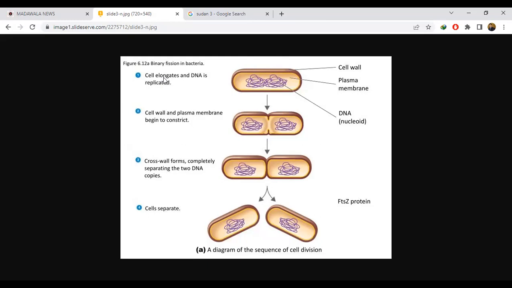Now, the cell divides, the cytoplasm divides. DNA replication, then cytoplasmic division. Finally, how many cells of bacteria are coming? 2 cells of bacteria.